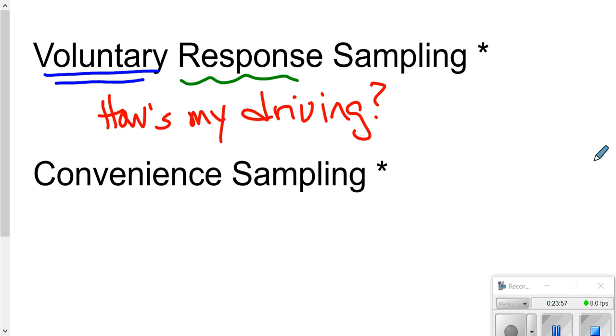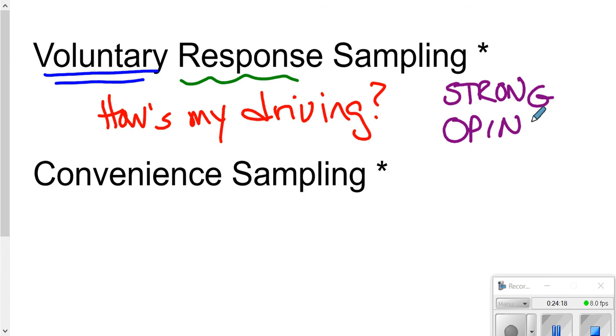And I think the people that are like, oh, I totally do, are the people who either love this class so very much it's their favorite, or they hate this class and they think I suck, right? So voluntary response sampling attracts strong opinions. Because people with mediocre opinions, they're not going to take the time. They're not going to take the time to call in.